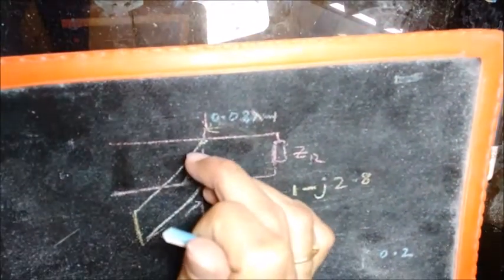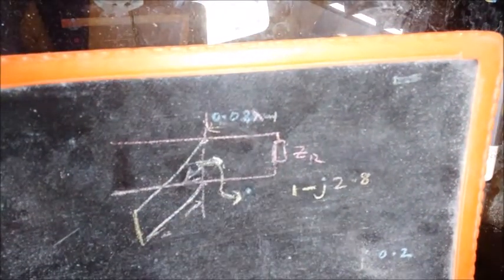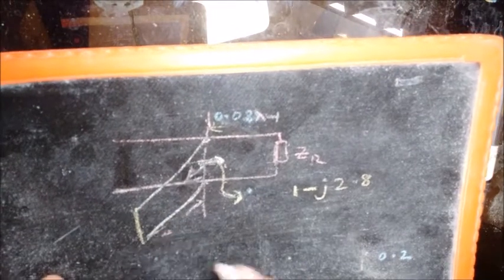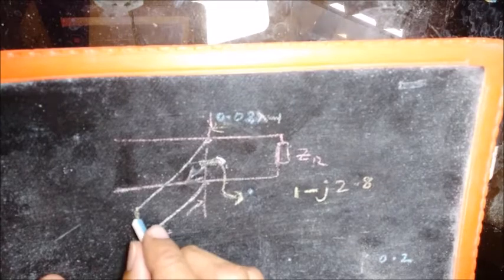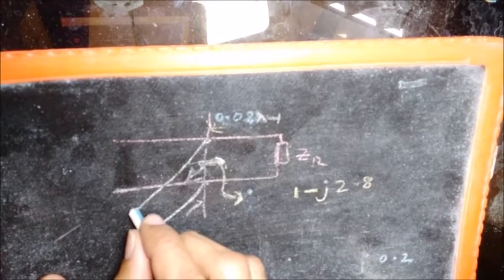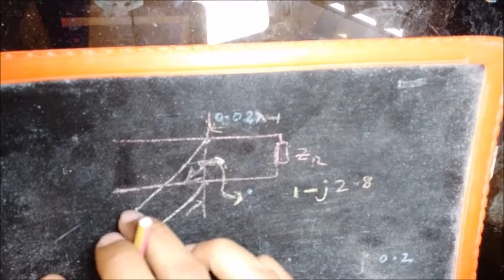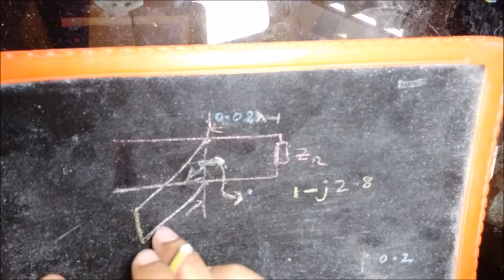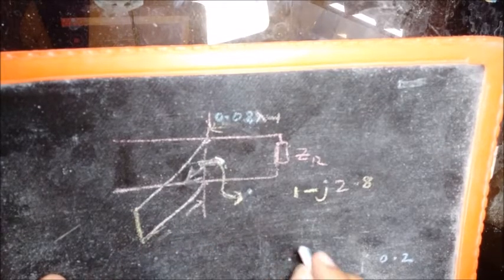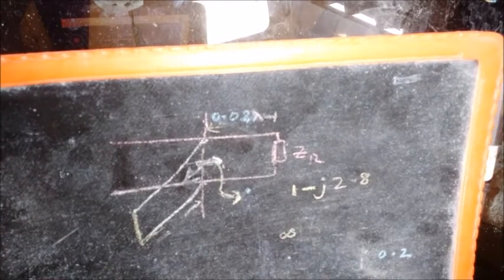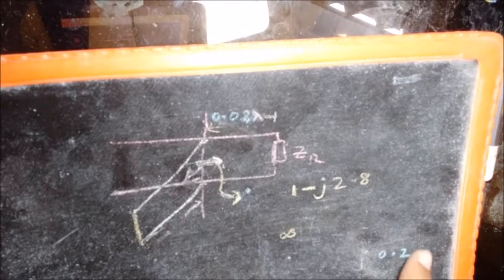Now I have to identify the parameters of the stub. The stub is short circuited. So when I speak in terms of the load admittance, the load is a short circuit here, so the load admittance is infinite, because it's a short circuit.